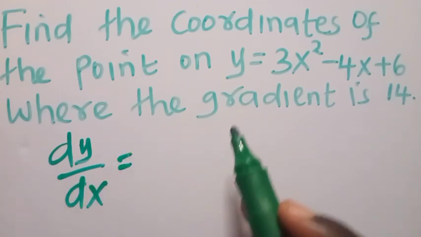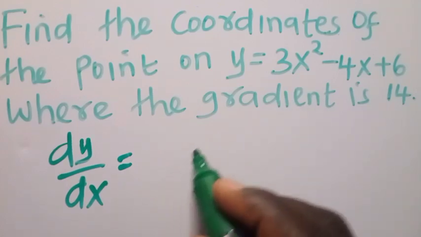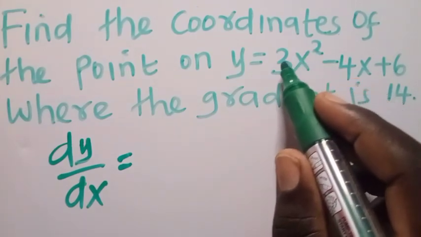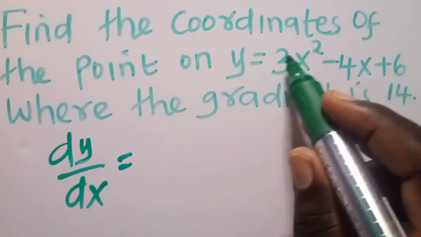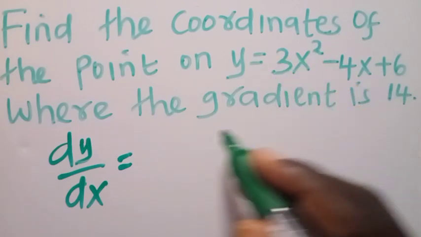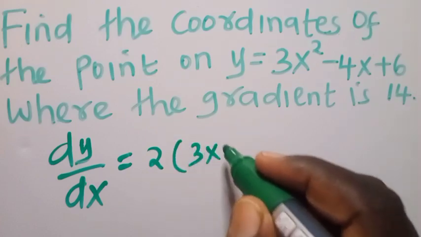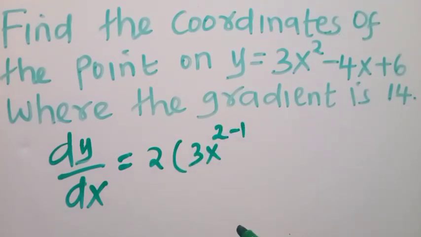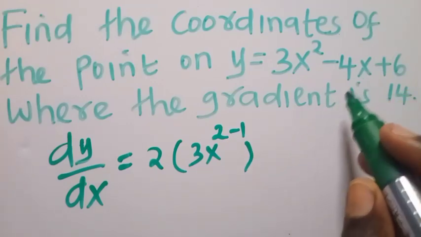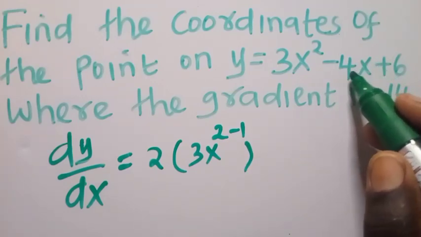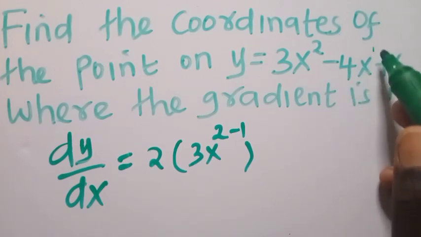If we differentiate this function of y with respect to x, we differentiate each term in turn, whereby we shall bring this 2 behind the first term, and it will be 2 times 3x raised to 2, but we lessen the power by 1. Then we close the bracket, minus 4x. This is the second term, but the power is 1.